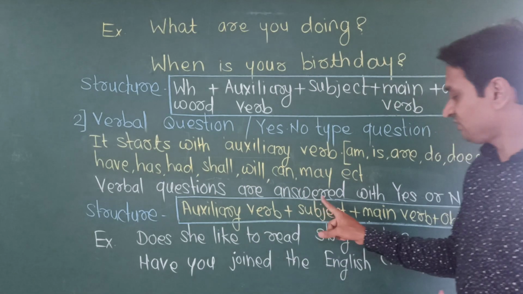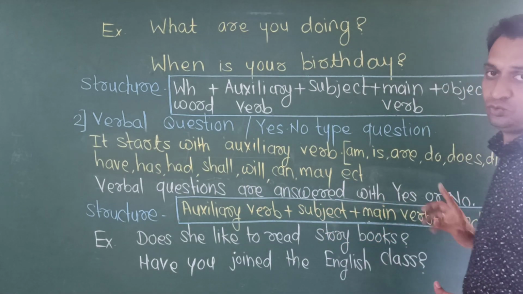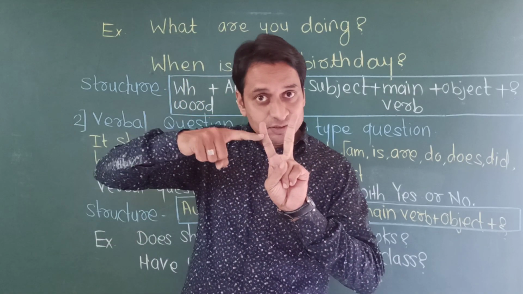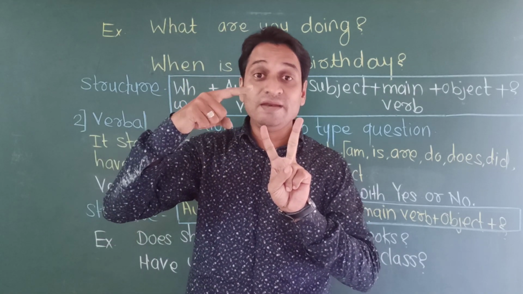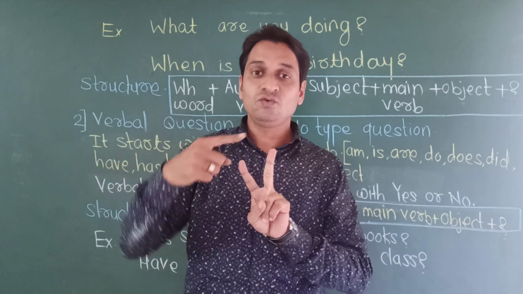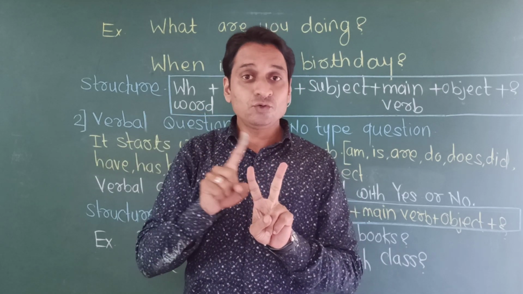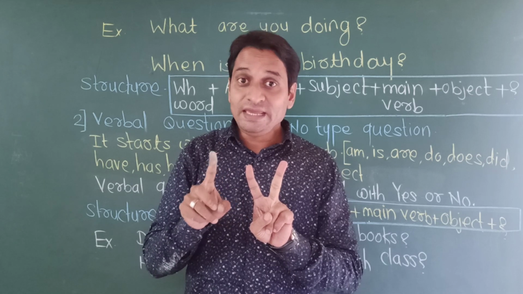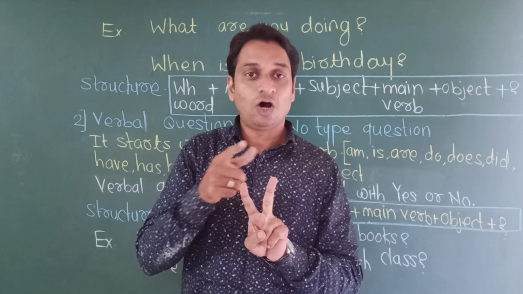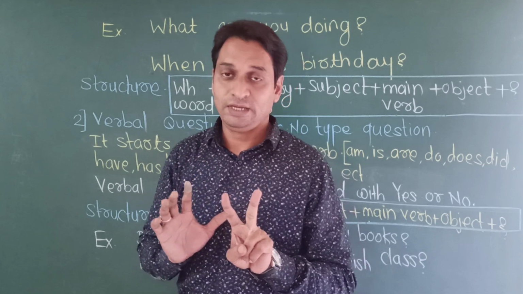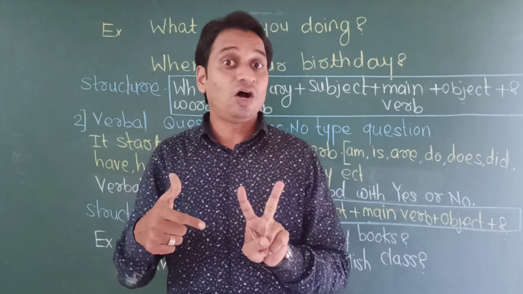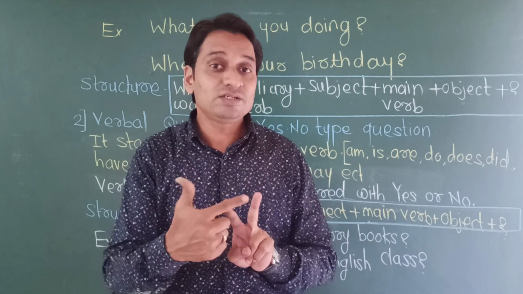Verbal questions are answered with yes or no. In the WH question, we have to provide some information. In a verbal question, you don't have to provide any information. You have to just say yes or no. And that is the reason why these types of questions are called yes-no type questions.